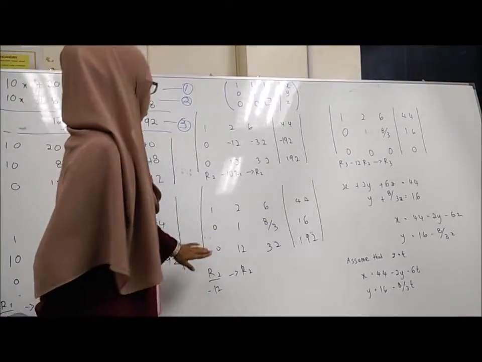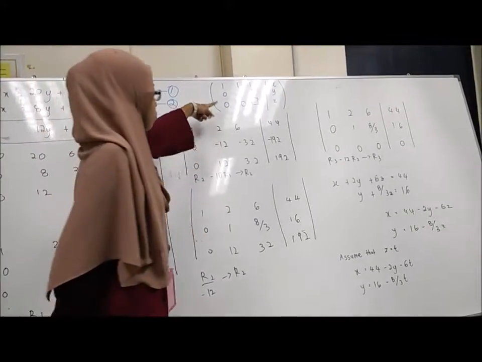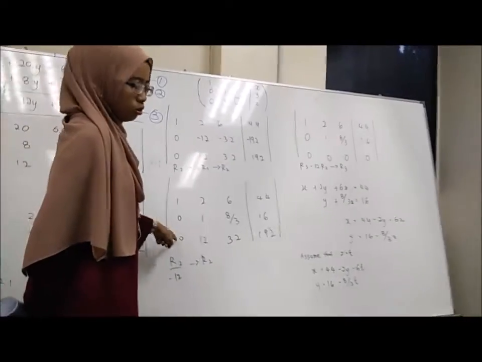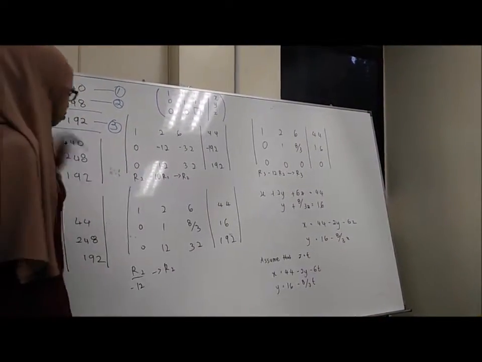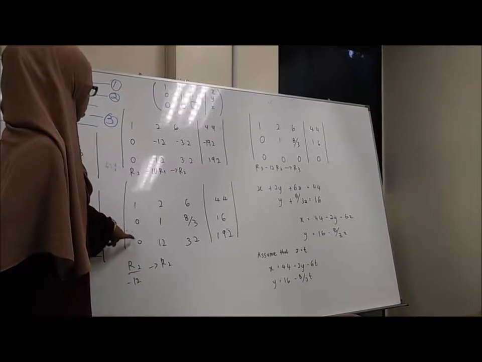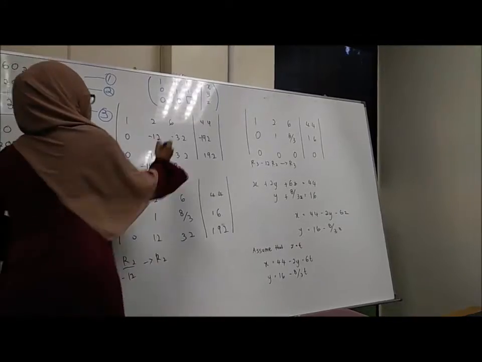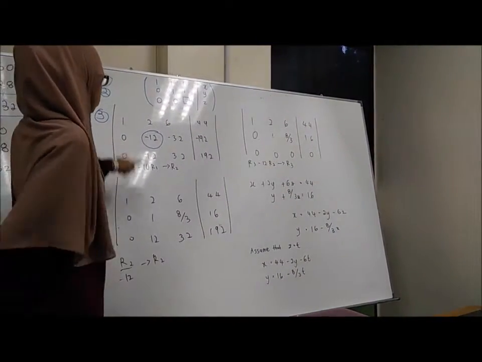So for the third row, we got here 0, so we don't have to minus or multiply or whatsoever. So we just need to proceed with this one. We need to turn the negative 12 to become 1.